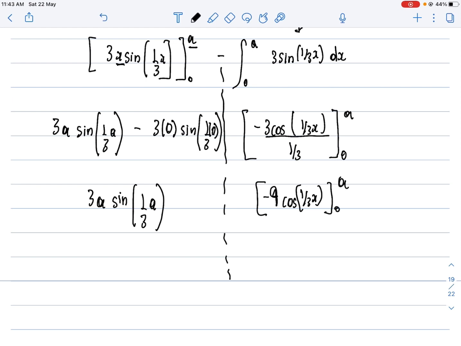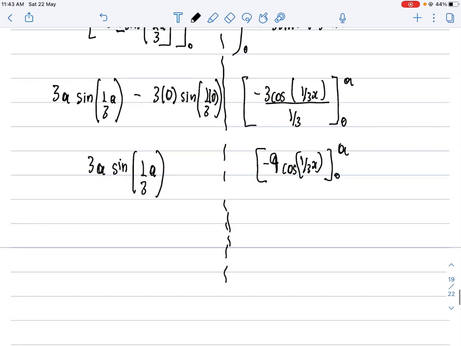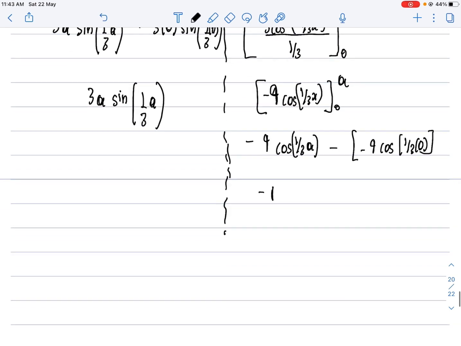Now I can write this as minus 9 cos 1 over 3a minus 9 cos 1 over 3 into 0, which is minus 9 cos 1 over 3a plus 9, since cos 0 is 1.